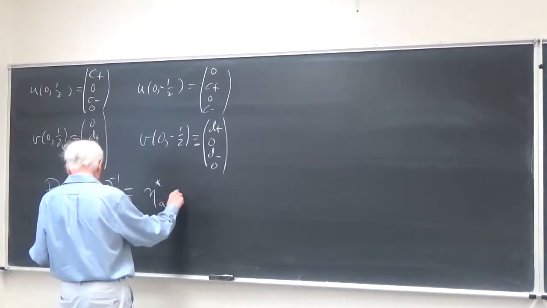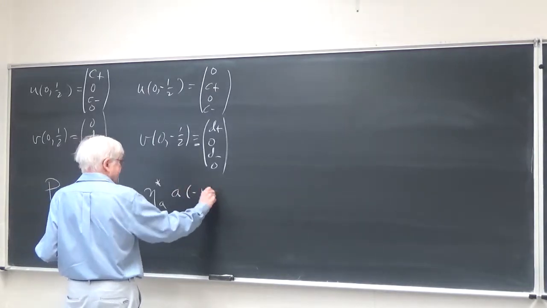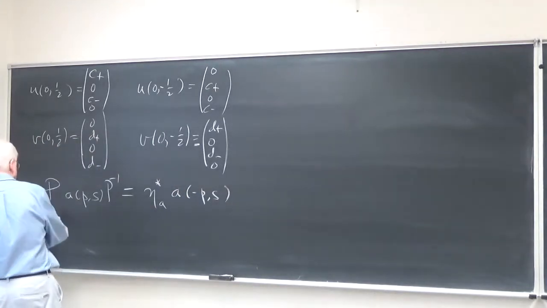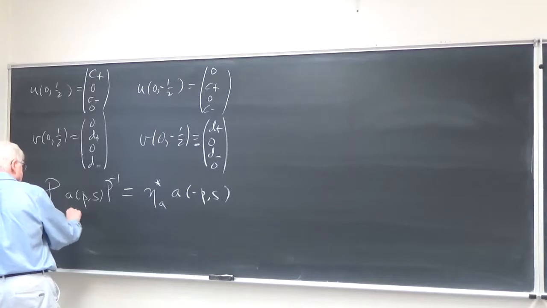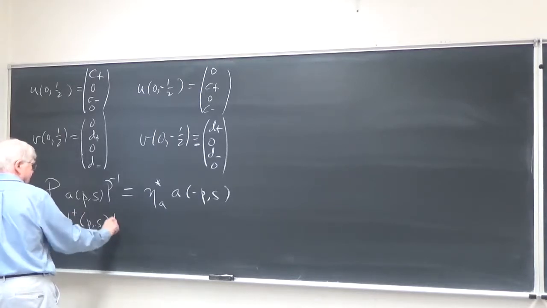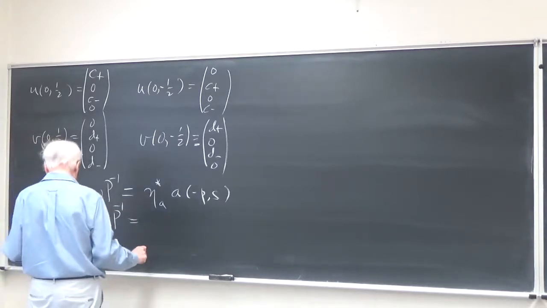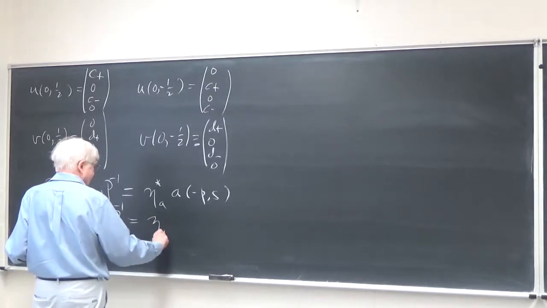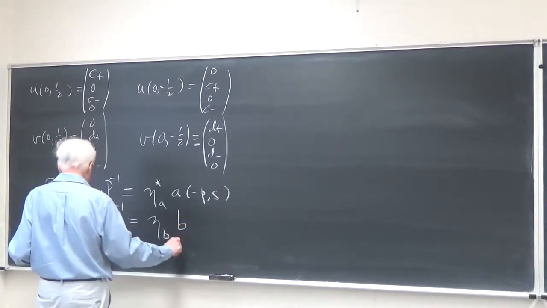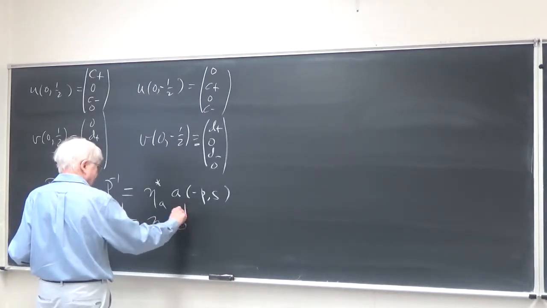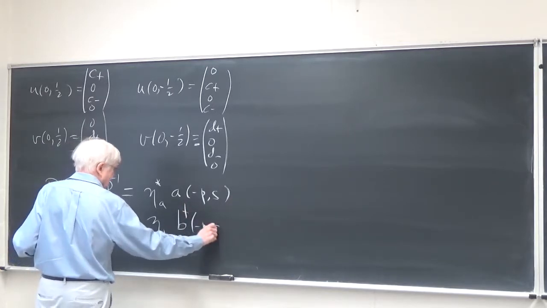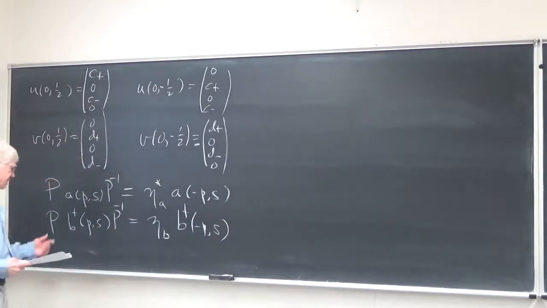And this should be A of minus P and S. And similarly, B dagger of P and S, this is the antiparticle, should be simply eta sub B, B dagger of minus P and S. So Weinberg uses A sub C for P, but I think it's a little bit clearer to do this.